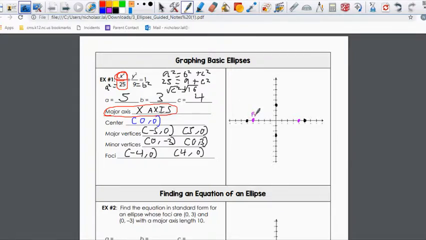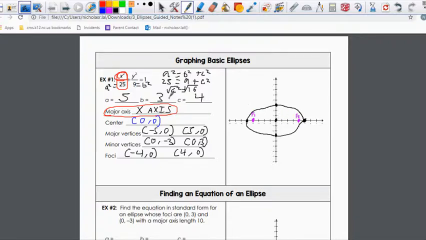This will be F1 and F2. And we can draw our ellipse right here. Remember, this is the center right here.